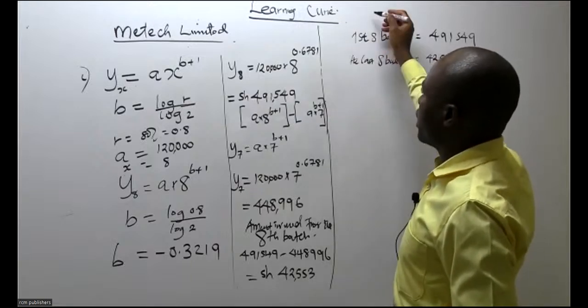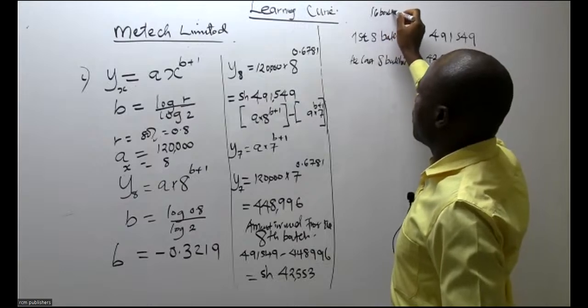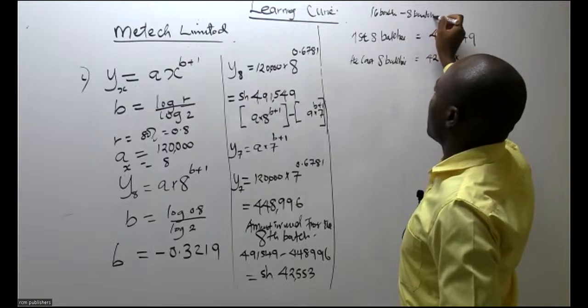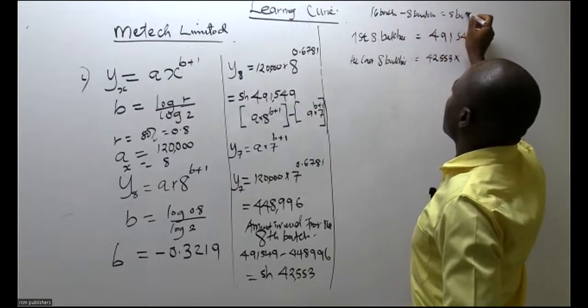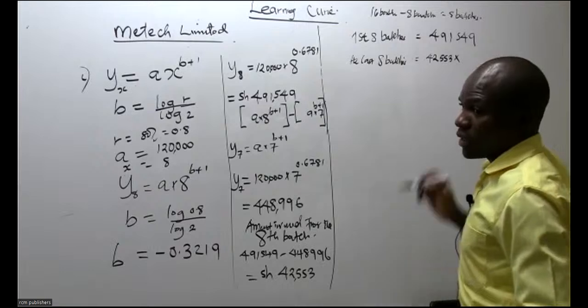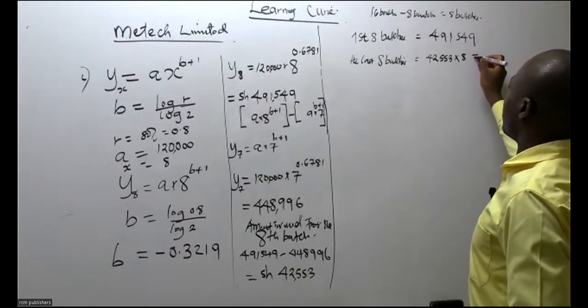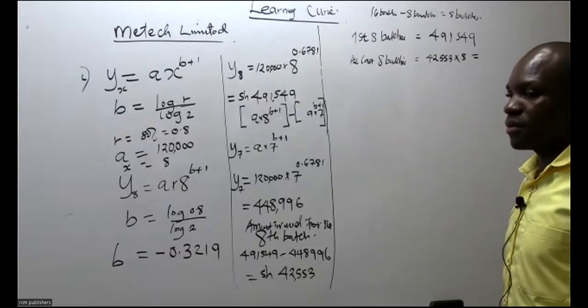The life of the project has got 16 batches. We've produced 8 batches. So we have a balance of 8 batches. So let's go ahead and get the total cost you are going to incur to produce the last 8 batches.